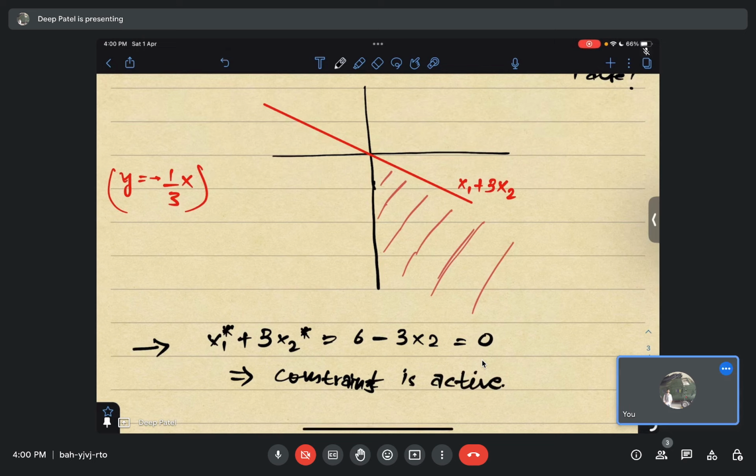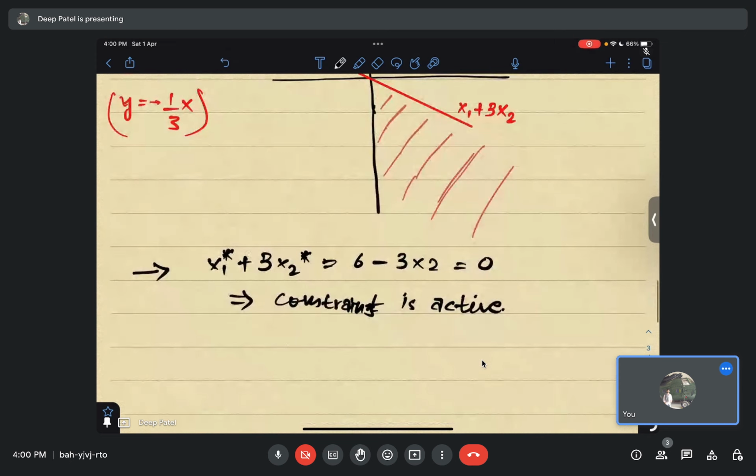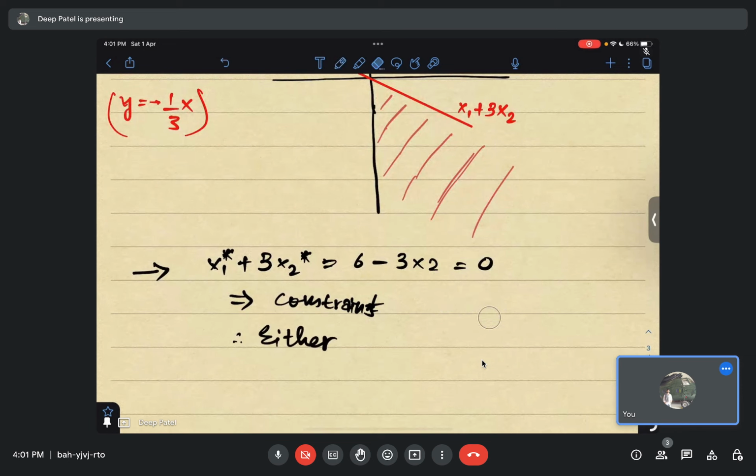Okay, good. So the constraint is active, that means what do we need to check? Let me specifically write g(x) = x1 plus 3x2 is active.